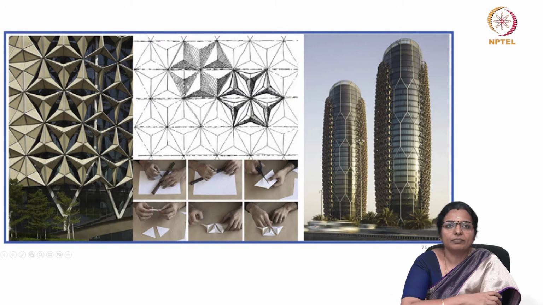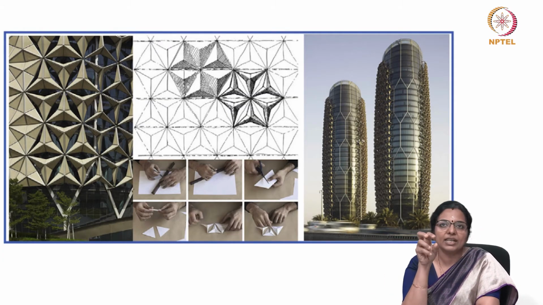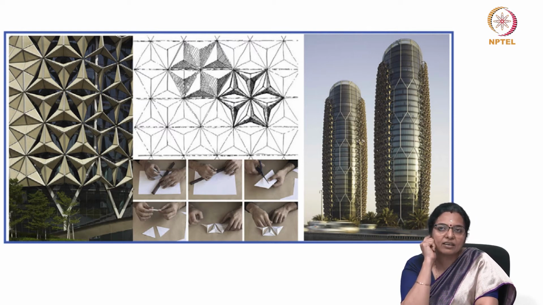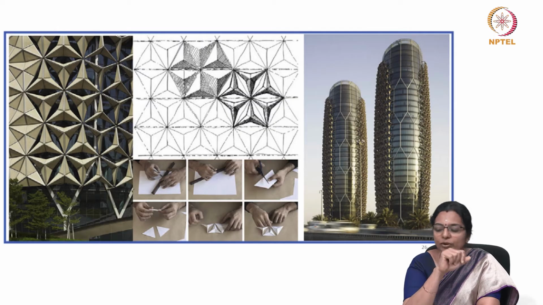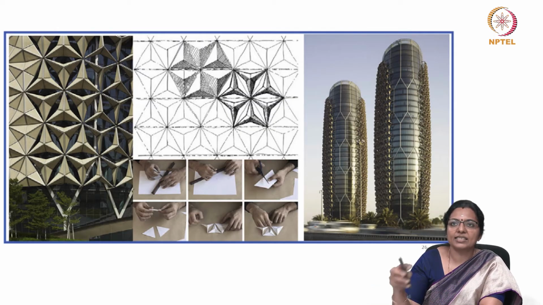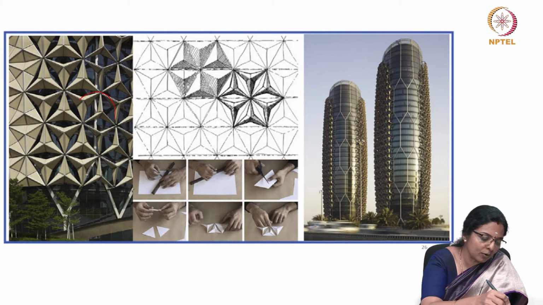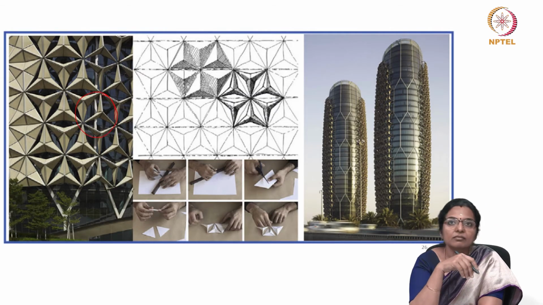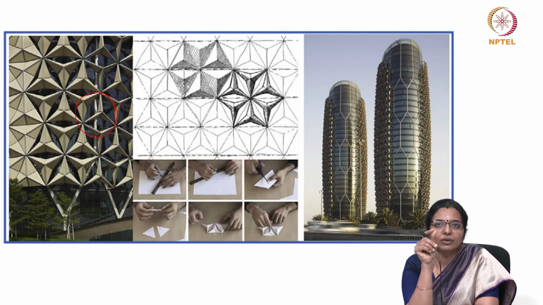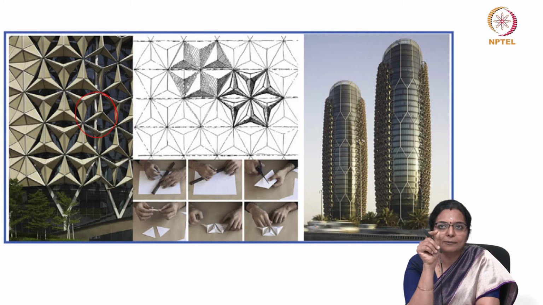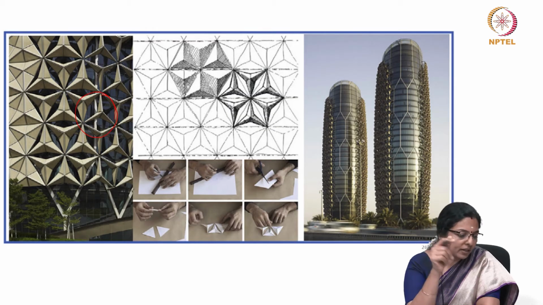Now, the distinguishing aspect of these towers is that the skin is protective, and it has about 2000 umbrella type glass elements that will automatically either open or close.